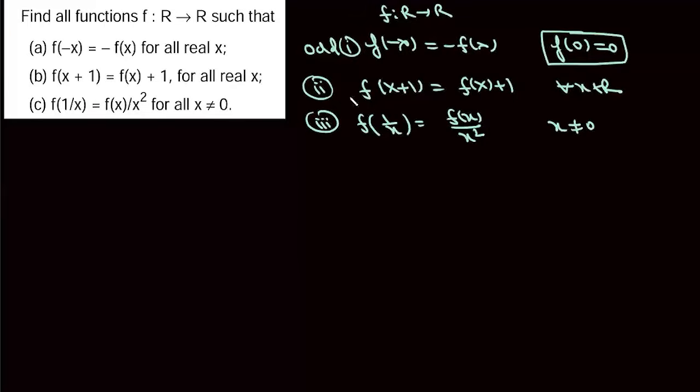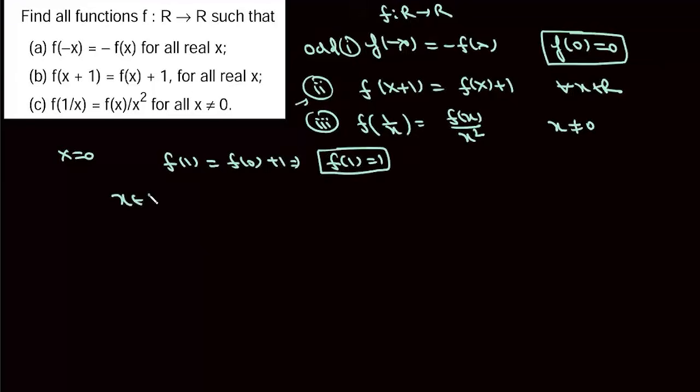Now f(0) is 0. In this second equation, if we put x as 0, we'll get f(1) equals f(0) plus 1, which means f(1) is simply 1. And for any x which is a natural number, then this f(n plus 1) will be simply f(n) plus 1.